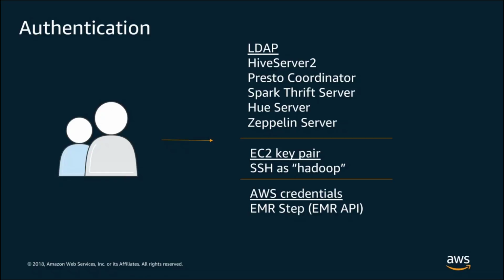And for applications that are running on EMR, you can leverage LDAP authentication. For example, HiveServer2, which is a service that enables clients to execute queries against Hive, supports multi-client concurrency and authentication.